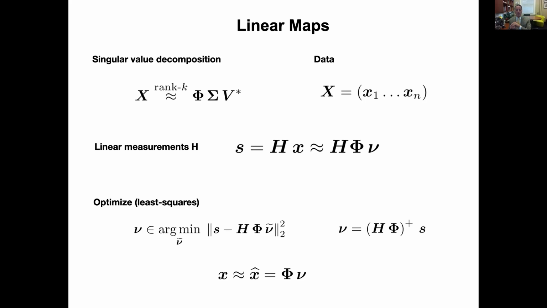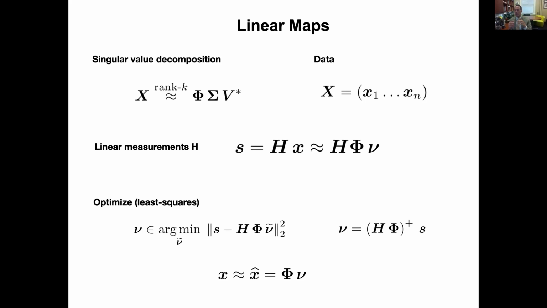Well, there's your optimization routine right on the bottom there. I want to match my signal to this measurement H projected onto the basis. And how do I do this projection? That's what I'm minimizing over, over that nu. Okay, so nu, the solution to it, is given by a least square fit. So what this is telling me is exactly how these measurements relate back to the original state space.